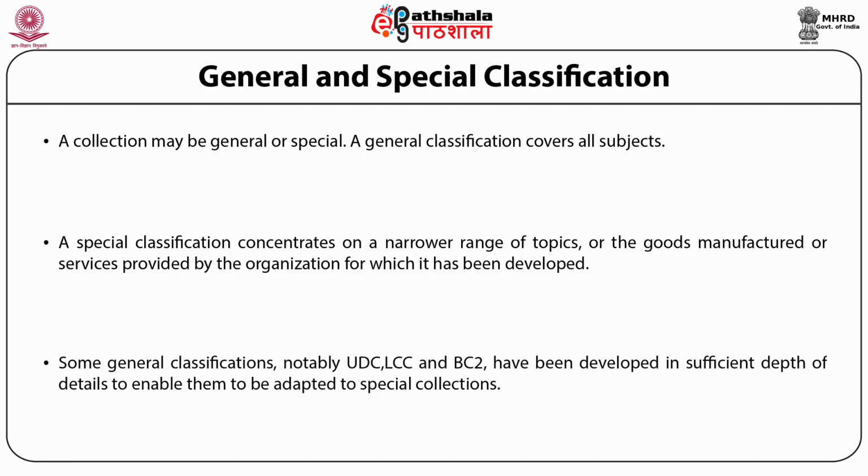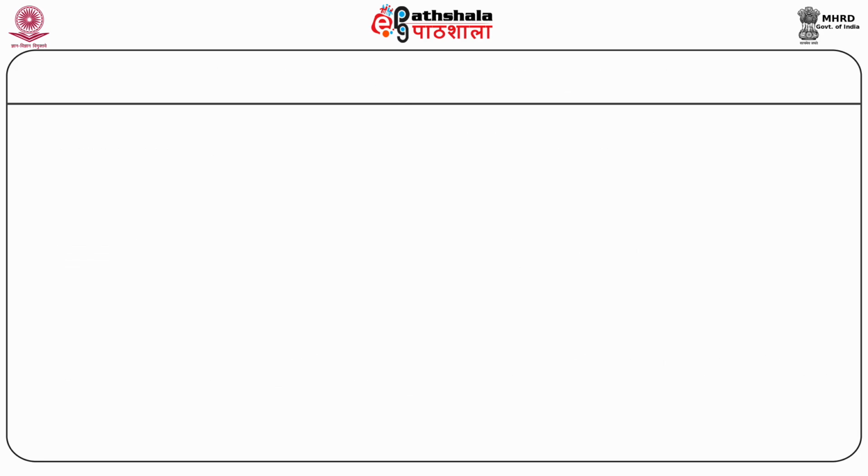Some general classifications, notably UDC, Library of Congress Classification, and Bibliographic Classification second edition, have been developed in sufficient depth of detail to enable them to be adapted to special collections. It means that such classifications can be used for both purposes, that is, as a general classification as well as a special classification.